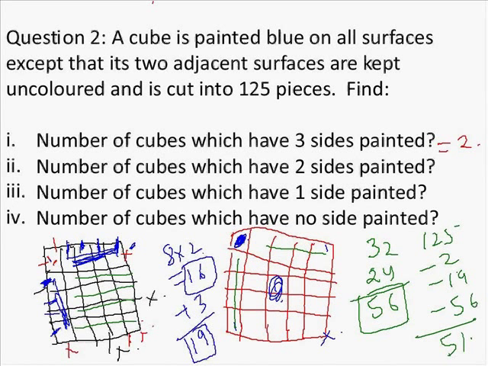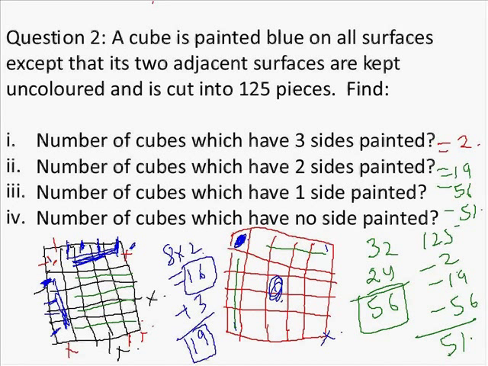That makes it 51. Mayank, because they are not 125, it will be very difficult. I am saying forget about that, because in the exam you will have to make a diagram like this only. Ruby, your answer 38 is wrong. So this is 2, this is 19, this is 56, this is 51.